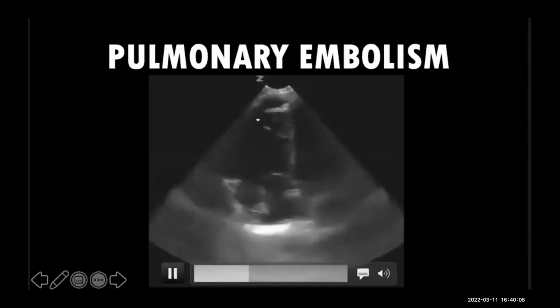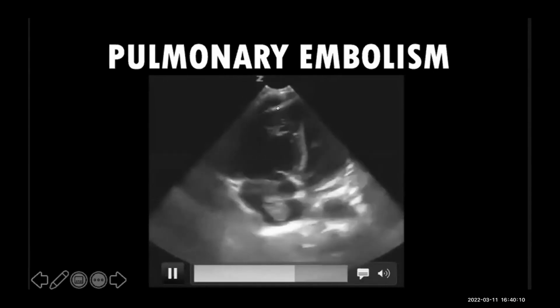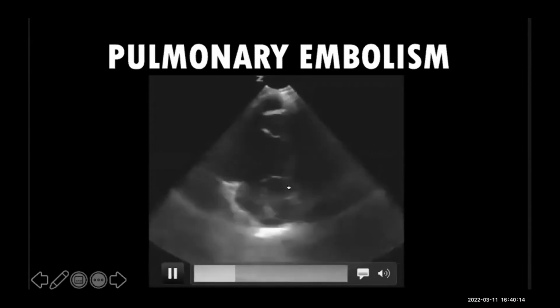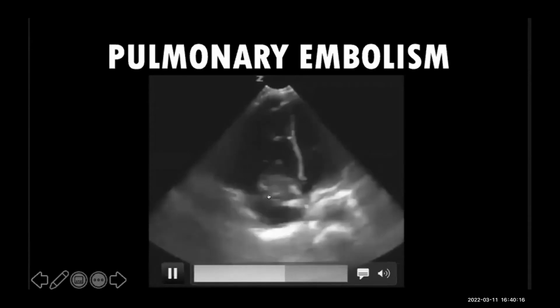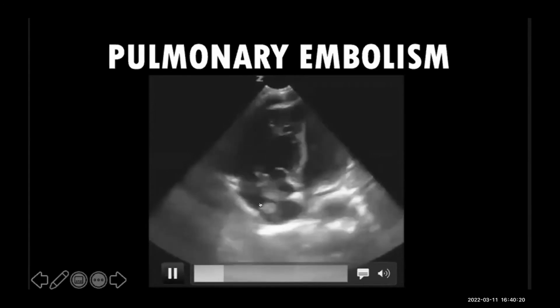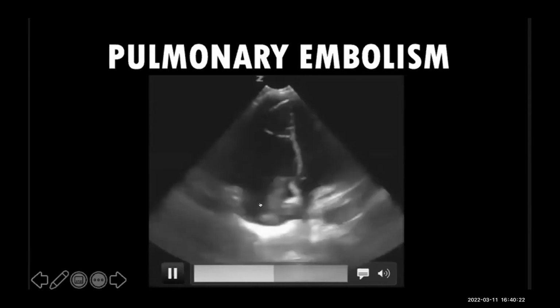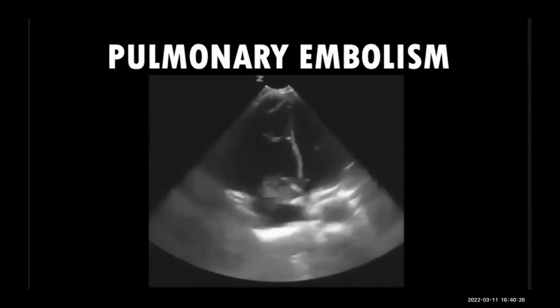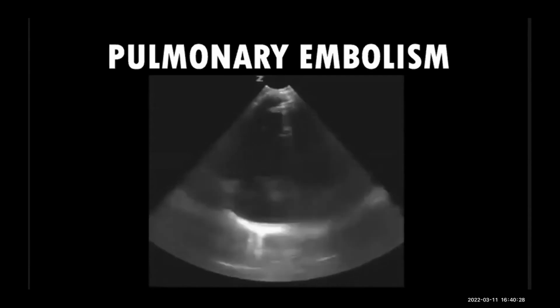It is nearly akinetic. We have a McConnell sign, which is a nuanced sign we sometimes see in PE. And what makes this so interesting is we actually have a clot in transit. This roly-poly worm thing here, this is literally a clot in the RA, in the RV, ready to go out and just make things like a million times worse.